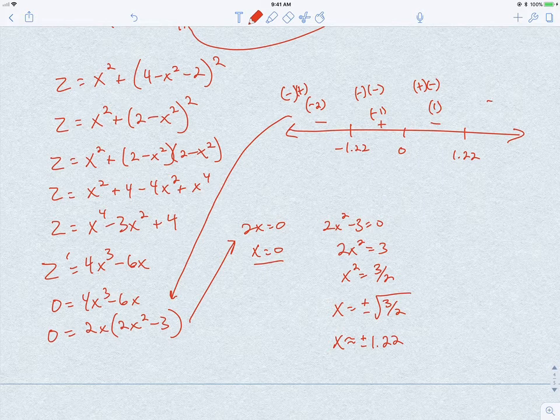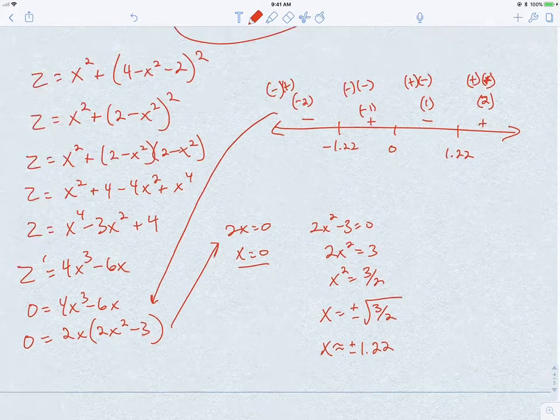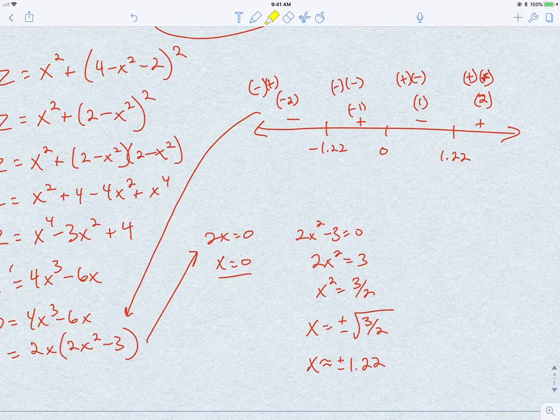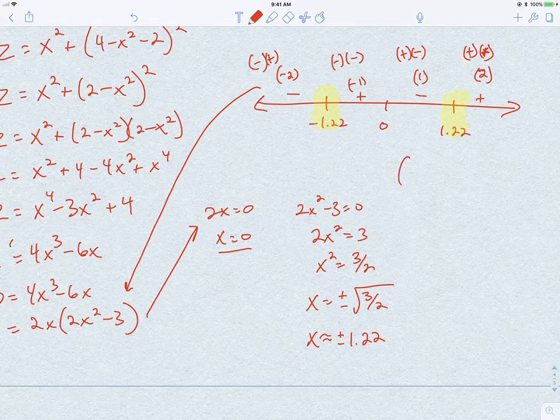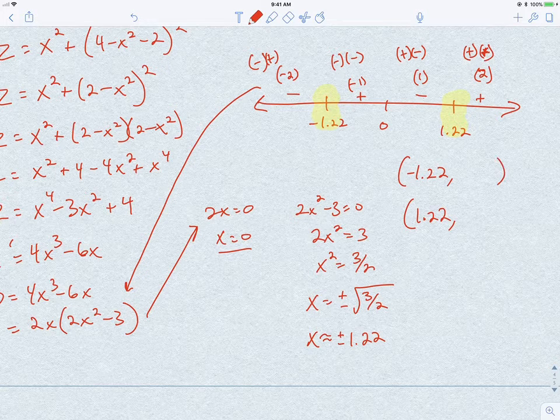And then when I plug in 2, I get a positive times a positive, so that's a positive. So now I'm looking for any spots where my first derivative changes from negative to positive. That would be a minimum. That occurs here and occurs there. Those are the x values, when x is negative 1.22 and when x is 1.22, that are on the graph and closest to the point 0, 2.